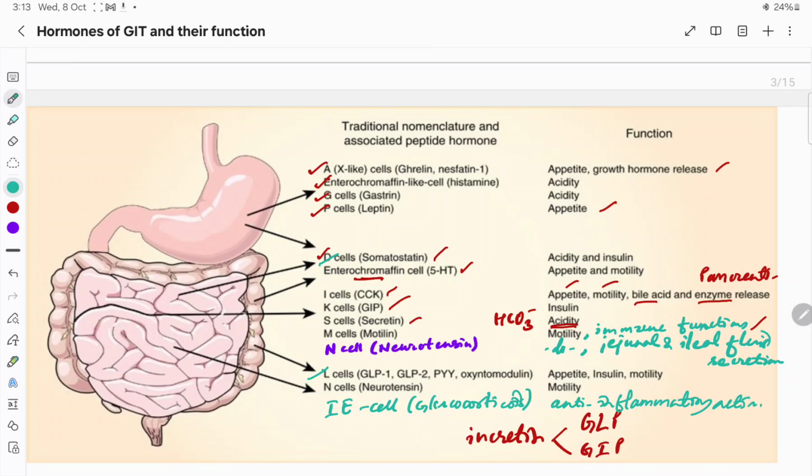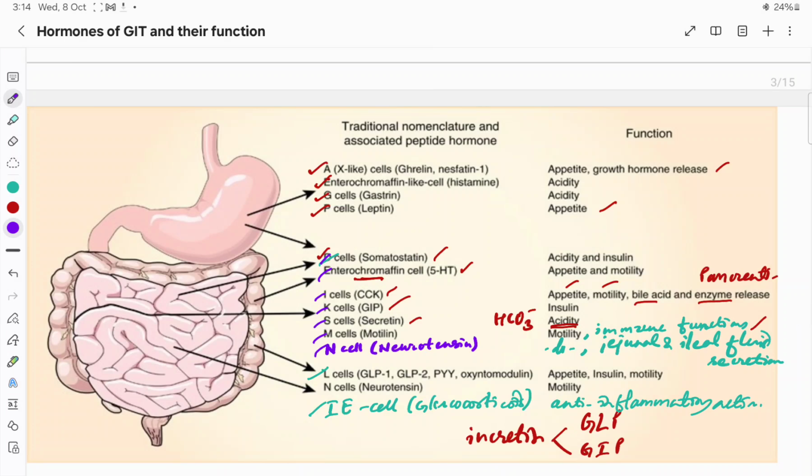So these green ones are the cells of the large intestine. Red ones are the cells of the stomach, and let us take this symbol, the D cells and enterochromaffin cells, and the next ones are the cells of the small intestine.